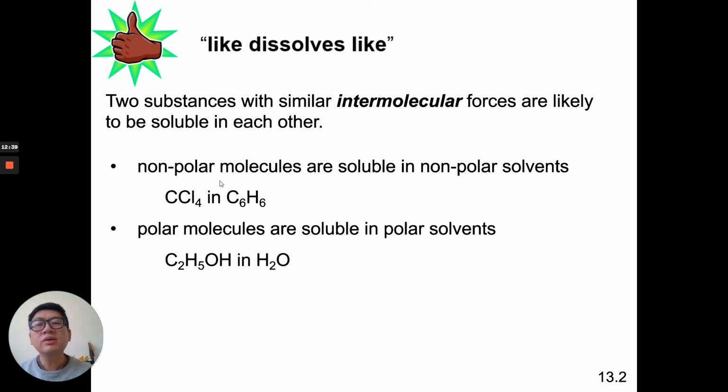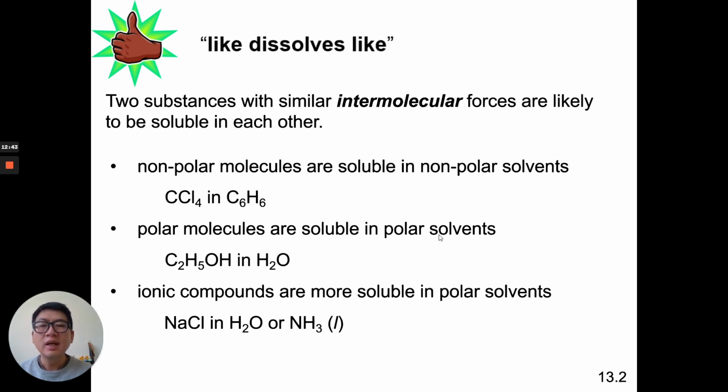Ionic compounds also dissolve in polar substances, because ionic means something positive and negative, and polar means partially positive, partially negative. So polar dissolves in polar, nonpolar dissolves in nonpolar, and ionic, which is kind of like polar, positive and negative, will dissolve in polar stuff.